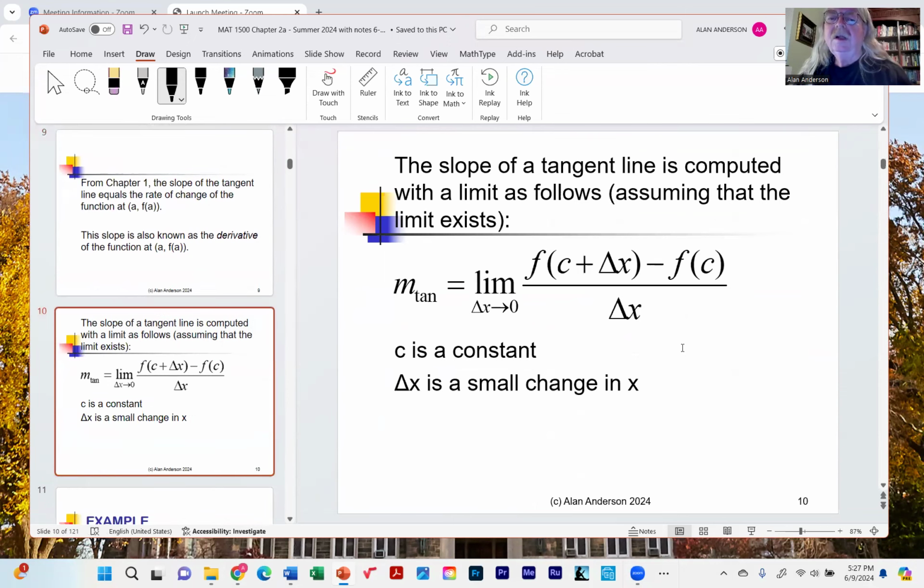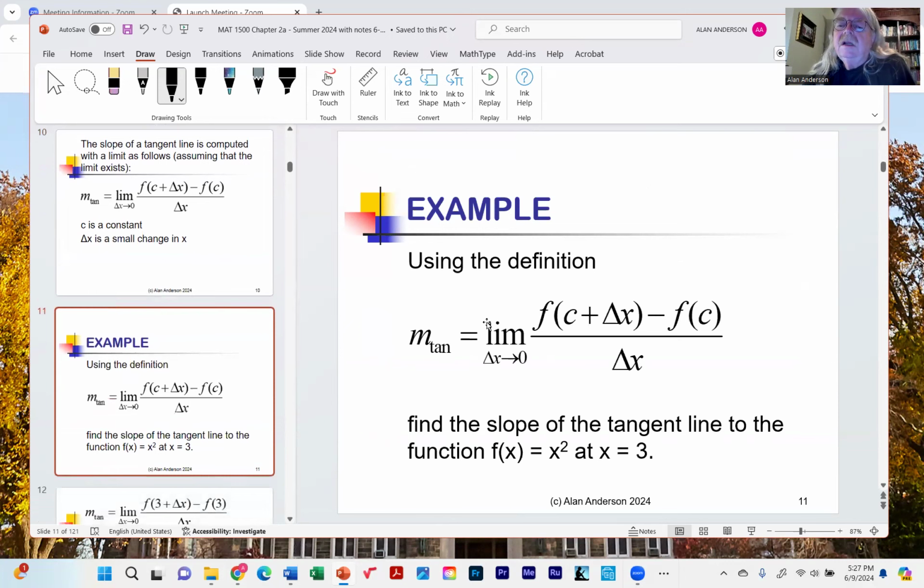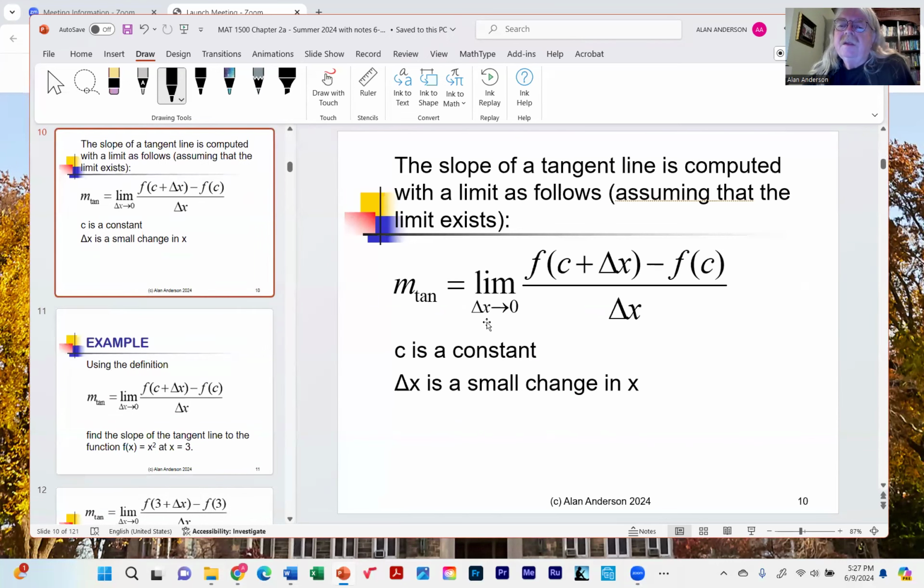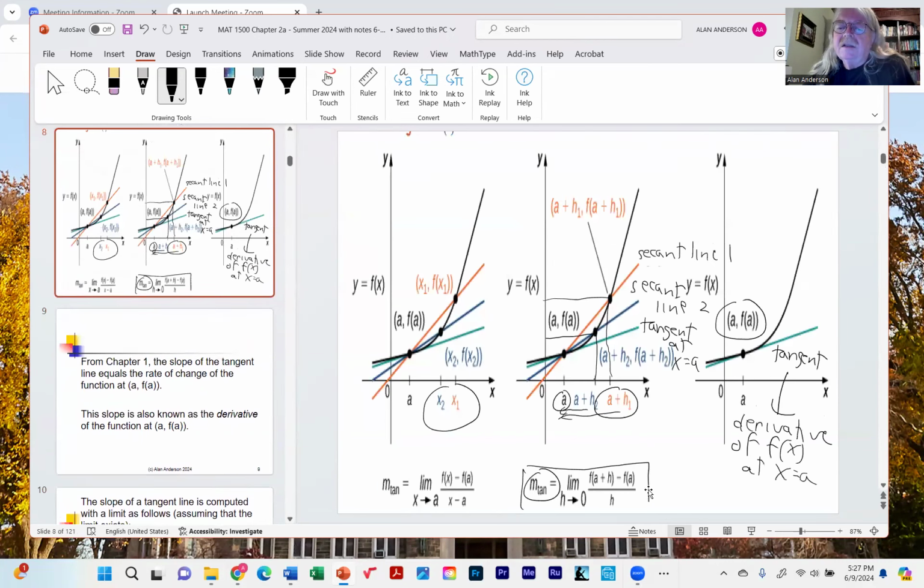Okay, so with all that being said, we're going to use this notation going forward, where c is a constant, and delta x is a very small change in x. We're going to stick with this notation from now on, just to be consistent with the book. And if you notice here, the limit is in terms of delta x. By the way, you can see it's the same idea.